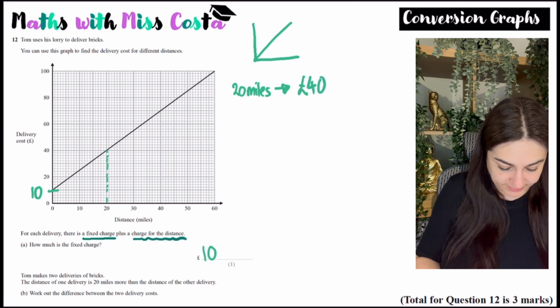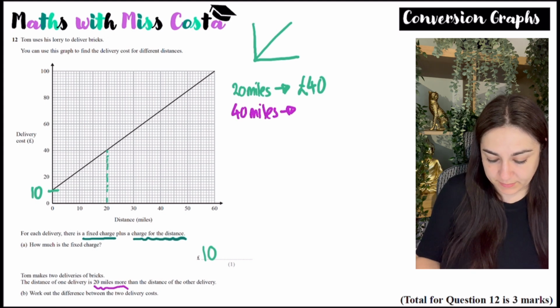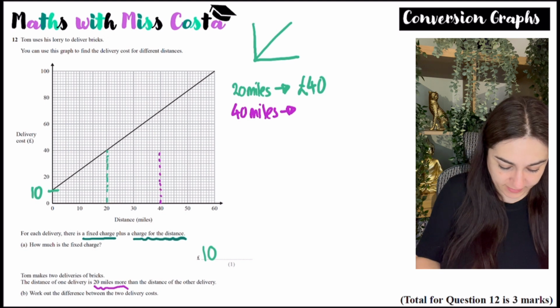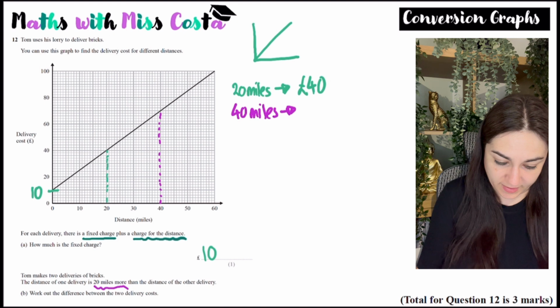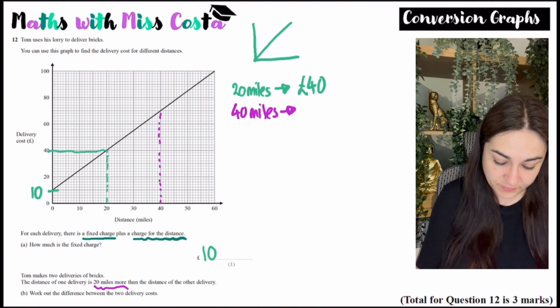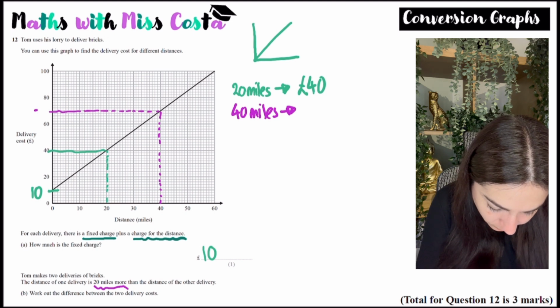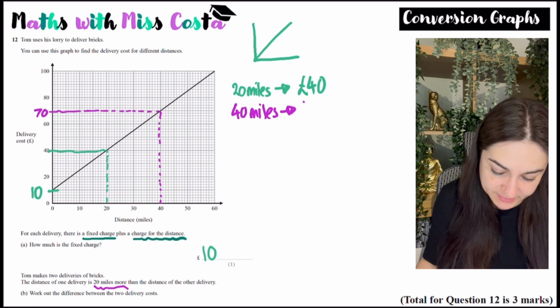I'm told that the distance of one delivery is 20 miles more, so 20 miles more than 20 is 40. For 40 miles, let's look at the cost. I go up to the graph. When we're reading conversion graphs, I should have drawn that line as well. We go up to the graph and then across, and that's how we read them. So I've gone up to 40, and then I go across, and that takes me to 70.